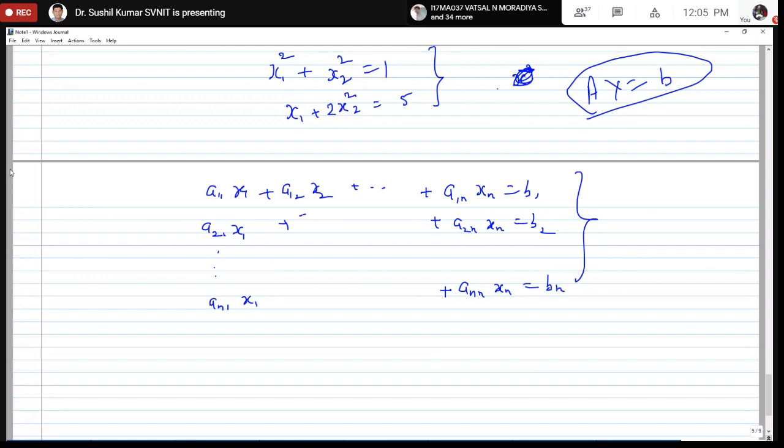This means the power of the derivative is 1, the power of the dependent variable is 1, and there is no multiplication term, because if there is a multiplication term, as in this equation, let's say I have dy over dx plus y dy over dx plus y equal to e raised to the power x.